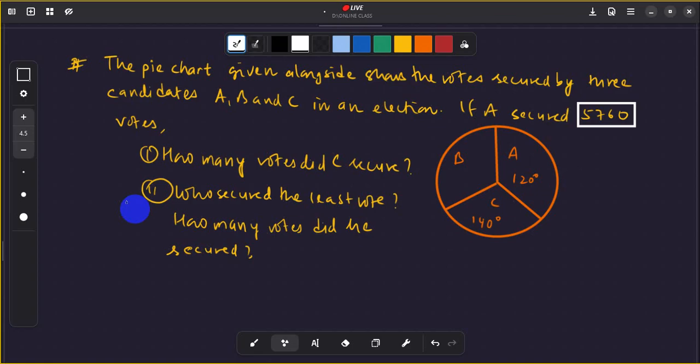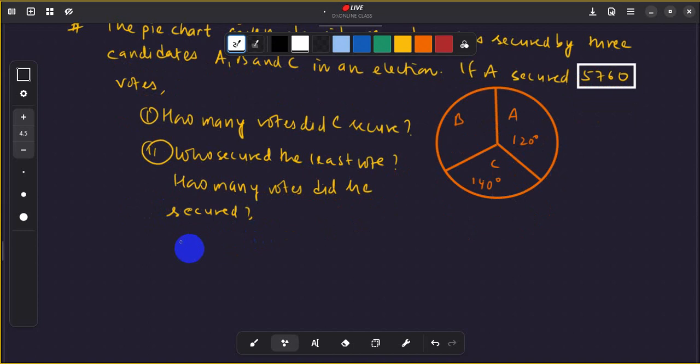But here in this question the total votes are not given, and the value 5760 is the votes secured by candidate A. It's not the total. So from the number of votes secured by A we need to find the total number of votes that has been cast.